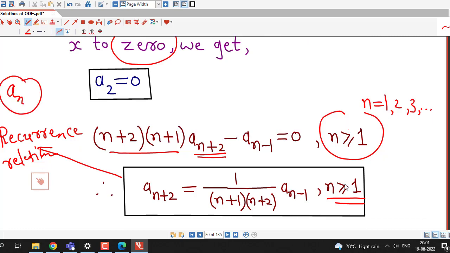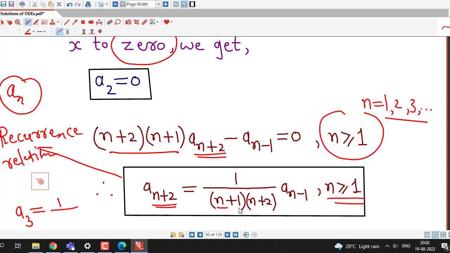So now we can find out particular constants for particular values of n. We can find for few of the values of n by taking particular values. For example, if I take n equal to 1, I will have left hand side equal to a_{1+2}, that is a3.